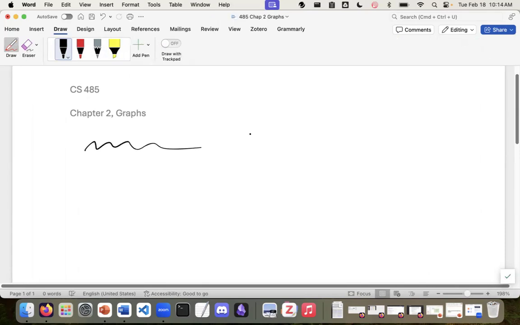Hopefully that is better than typing, because I type faster than I handwrite, and you would probably either be typing or handwriting. So it slows things down, gives our brain a chance to catch up, and also lets me draw pictures that are hard if I'm just typing.